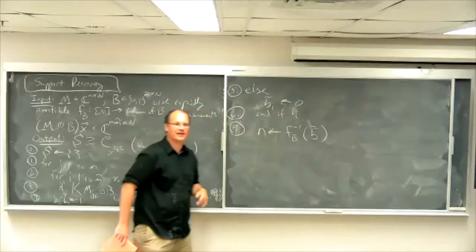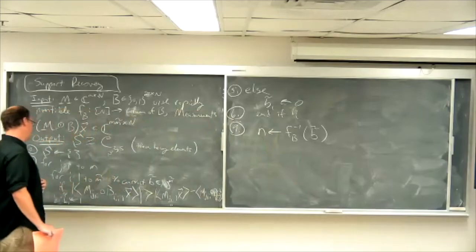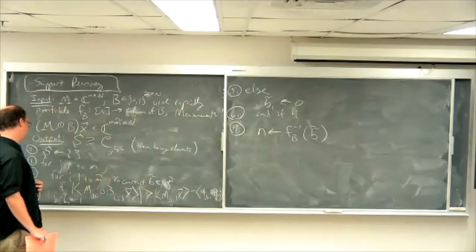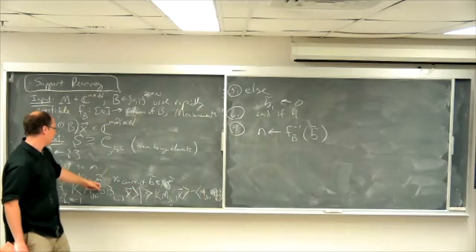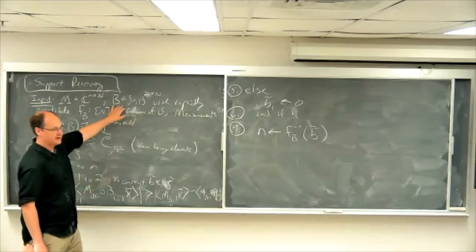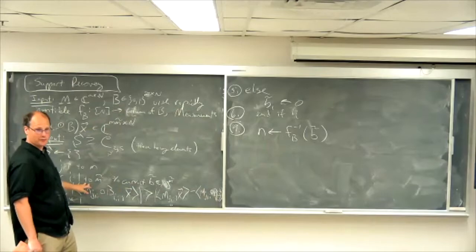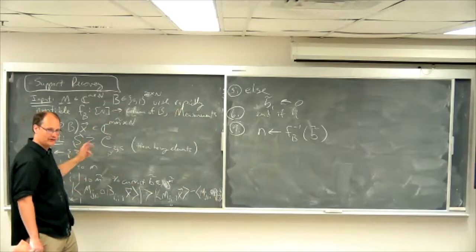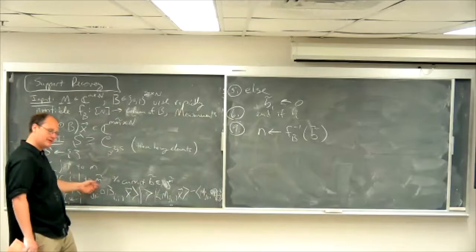Yep. Can you repeat what line 2 says and what the last expression in line 3 is, the Hadamard product? Oh yeah, so this is just going through all the entries i equals 1 to M tilde of our bit testing matrix. So all the rows of our bit testing matrix. We have this row-wise Hadamard product. So we're looking at all pairs of rows from M and from B, right?